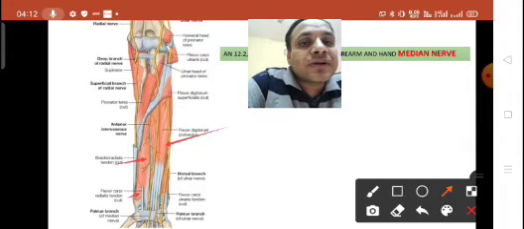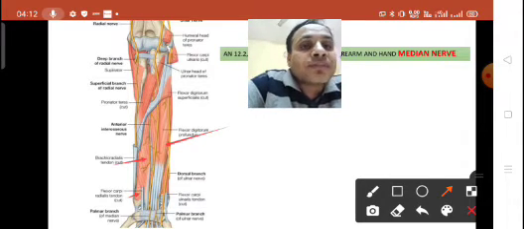That means all muscles of the front of the arm are supplied by the median nerve. All the superficial muscles of the front of the arm are supplied by direct branches from the median nerve, except flexor carpi ulnaris. The flexor carpi ulnaris is supplied by the ulnar nerve.